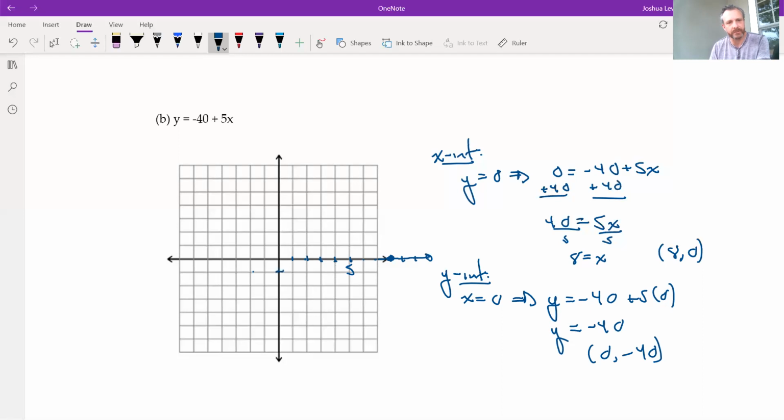How about we go down by tens? Okay, so negative 10, negative 20, negative 30, negative 40. I've got my 2 points, and there we go. There's my line.